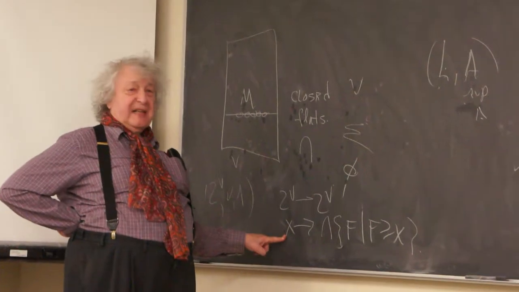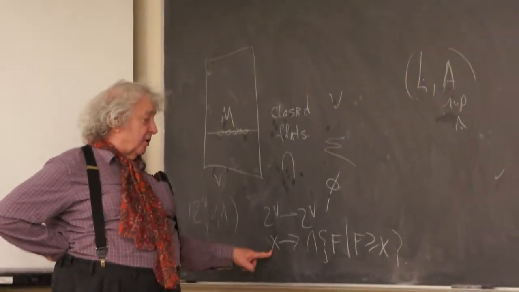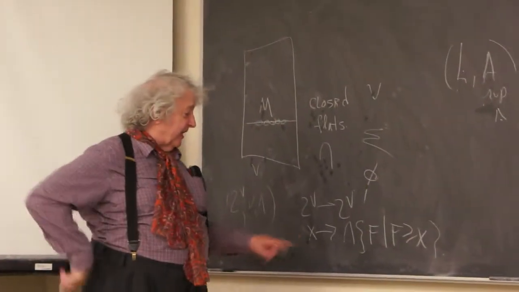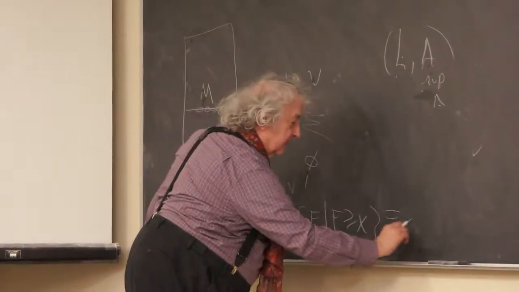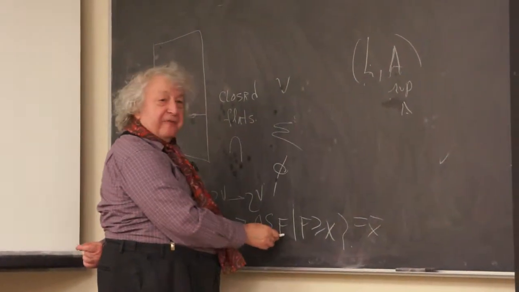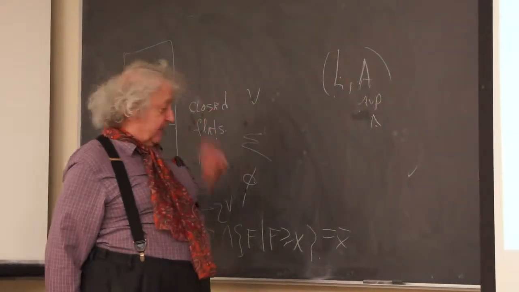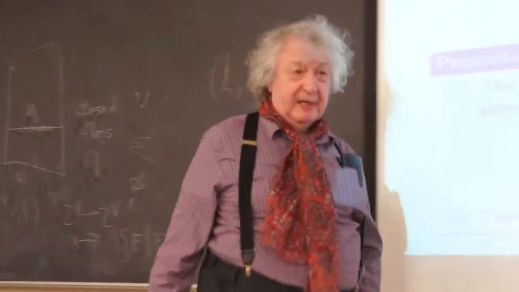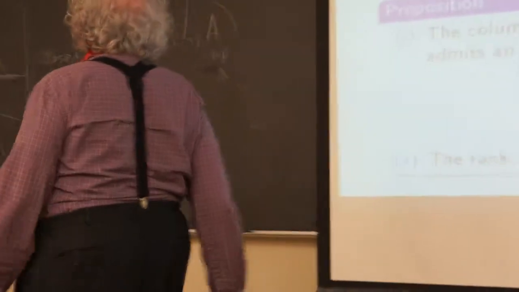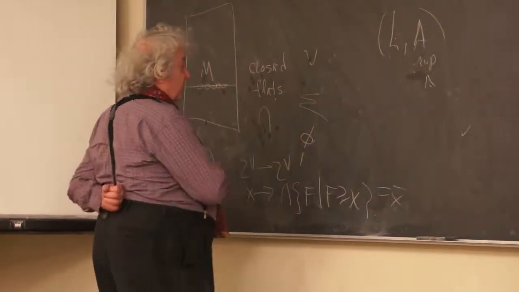Anytime you have a collection of sets closed under intersection, you get a closure operator. The closure of X is you look at all the flats that contain it and intersect them. There's at least one, by the whole set. That's the closure, just like topology.